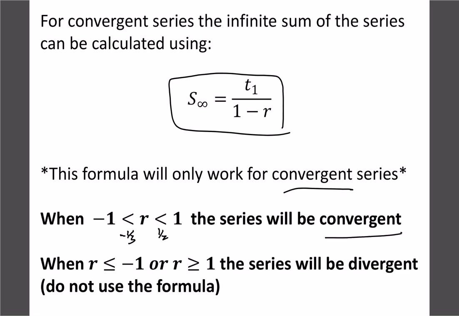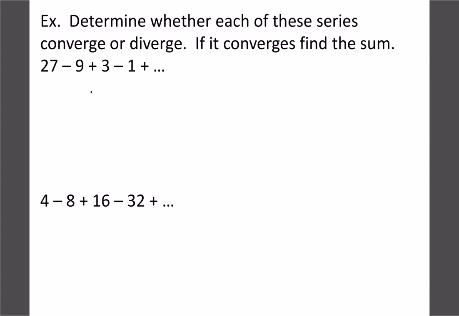If our R value is bigger than 1, like 2, 3, 4, or negative, we get divergent, and we don't want to use the formula. So it has to be less than 1, or getting smaller. Our formula is term 1 over 1 minus R. It's a pretty easy formula, so we just have to figure out if it's convergent or divergent.